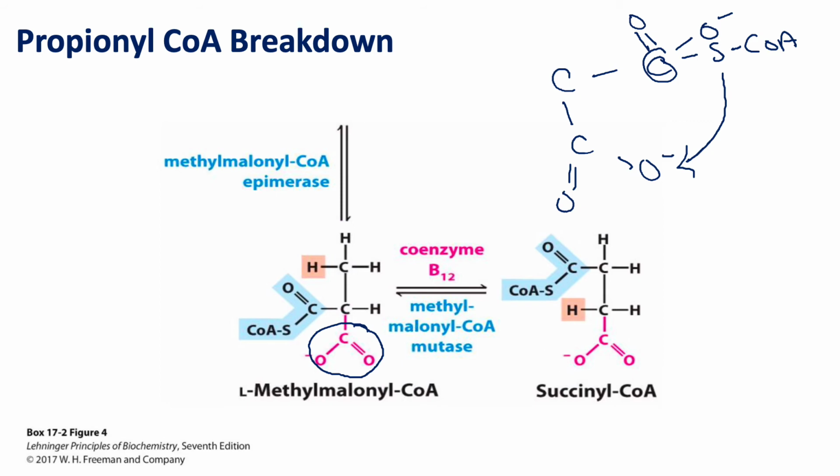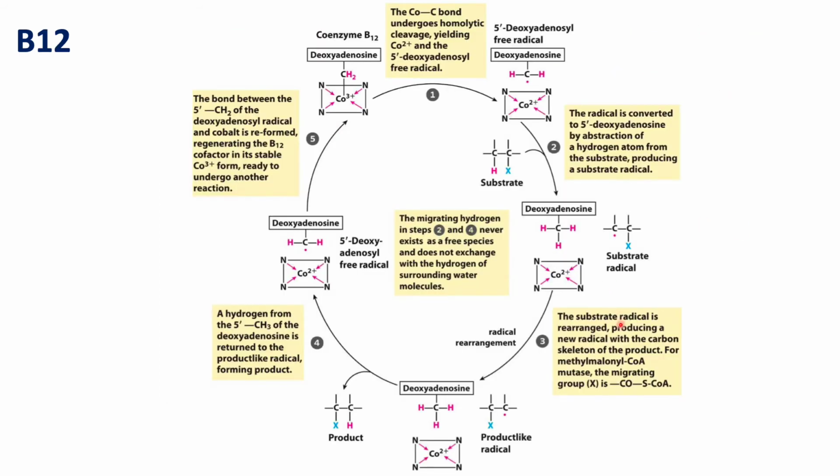So what happens is that we have this B12, and this B12 is a very large molecule, but we focus on the part that we have this deoxyadenosine bound to the CH2, which is bound to a cobalt at the very middle of B12. So what happens is that this B12, right over here, undergoes a homolytic cleavage.